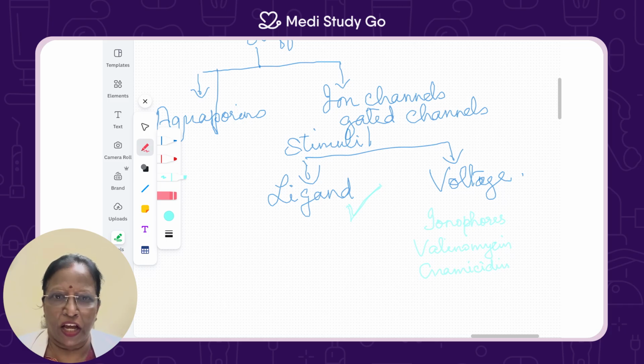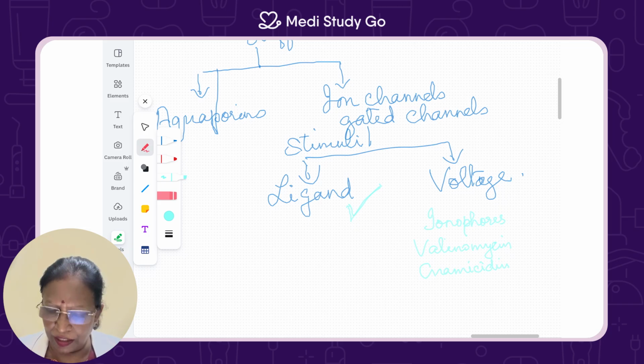Since, as you have seen, all the ions are dependent upon a gradient, when potassium ions are transported freely without any control by this valinomycin, the gradient is lost. Electrochemical gradient is not there. Therefore, the transport system cannot take place.